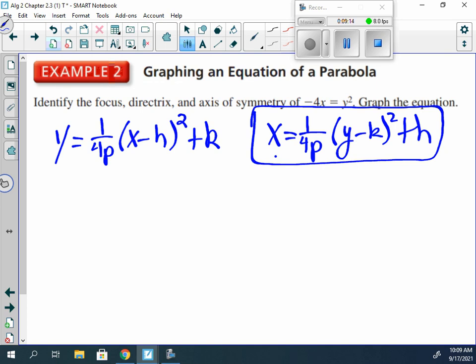X is x by itself. No, our actual starting equation is negative 4x equals y squared, yes? We need to get the x by itself. That's going to be our first main step. So negative 4x equals y squared. Almost.